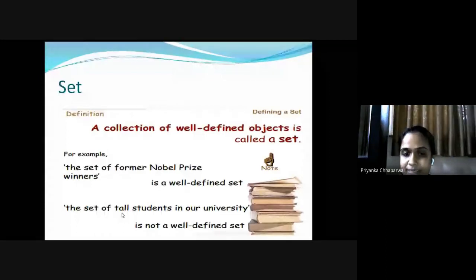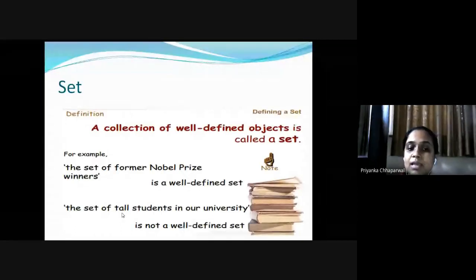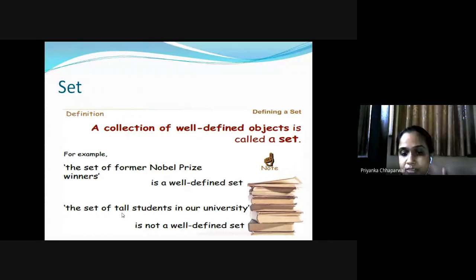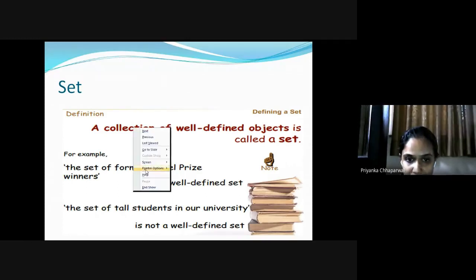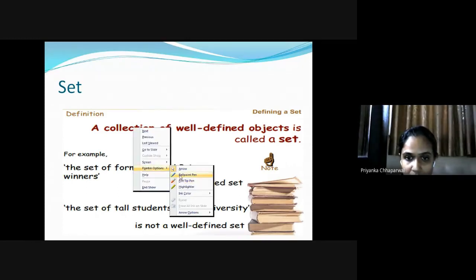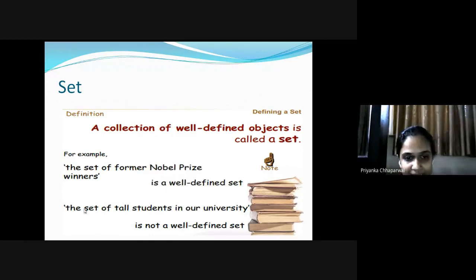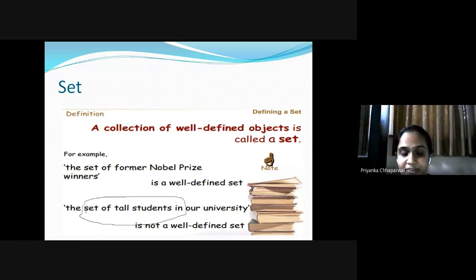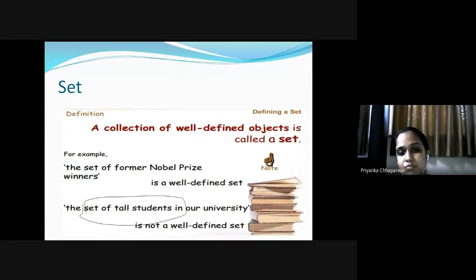So what is a set? A collection of well-defined objects is called a set. If the objects are not defined properly, then it is not a set. In this example, the set is not well defined by tall student, because I have not defined what height.